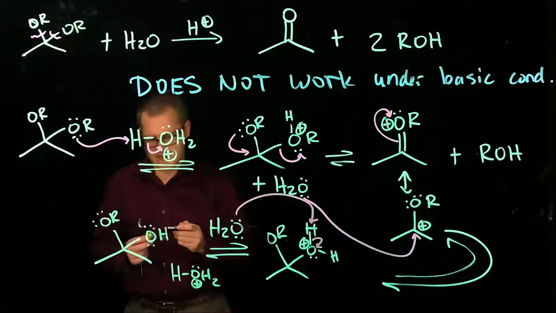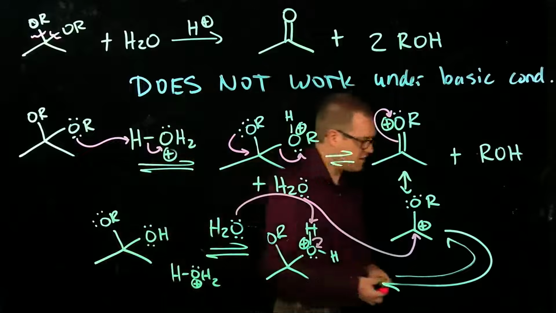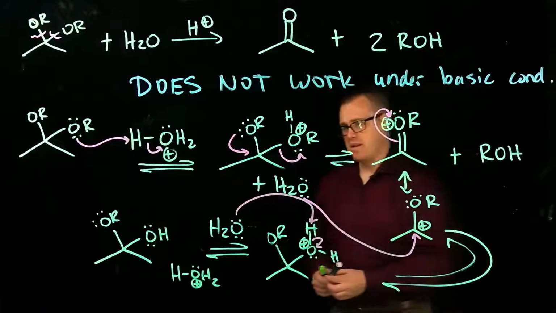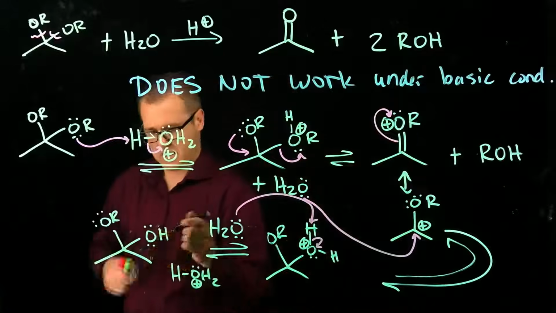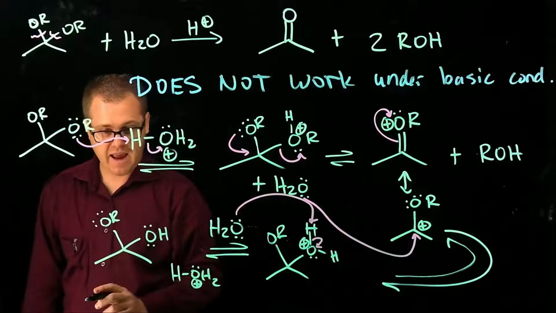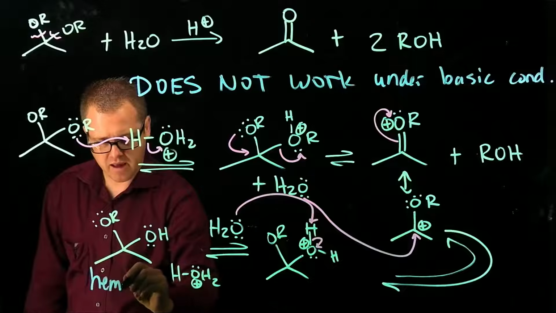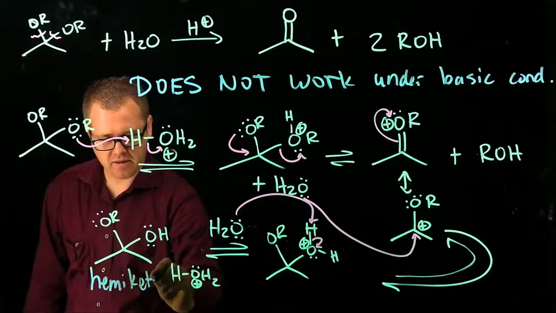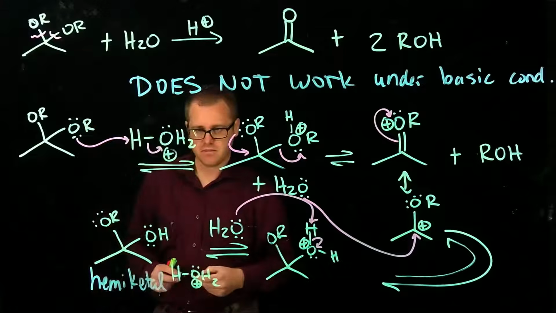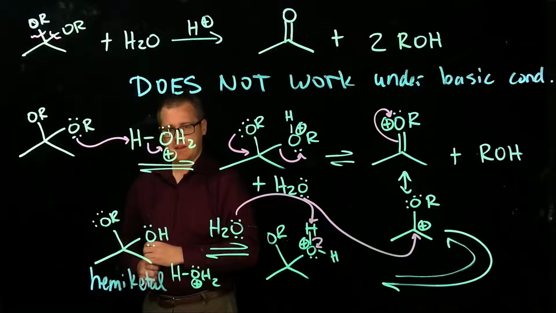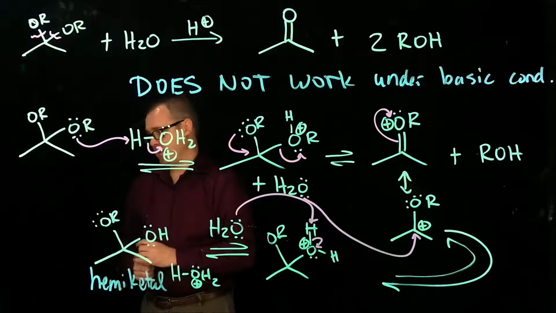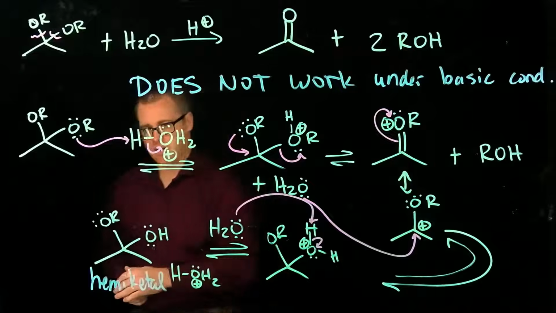Okay, what is that species called that we just made? Your book calls it a hemiacetal, but I call it a hemiketal. Perfect. So that's one of the major intermediates here.